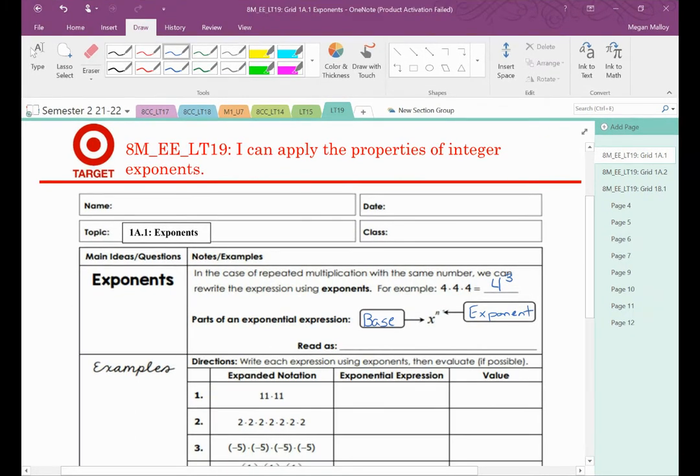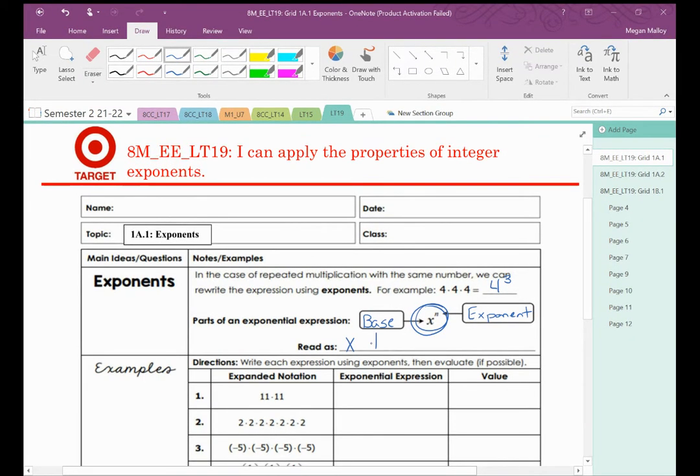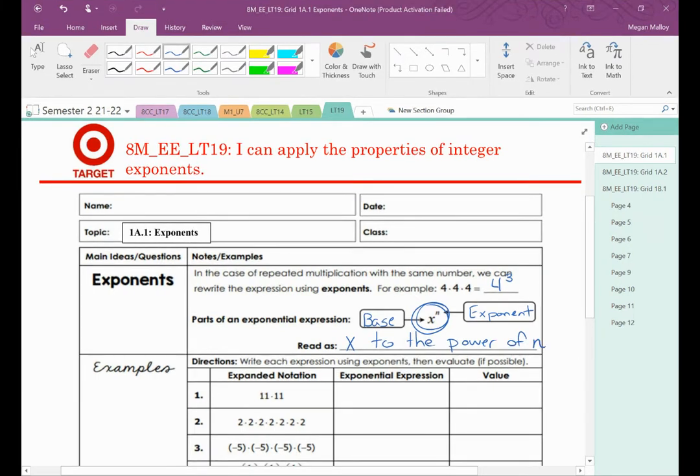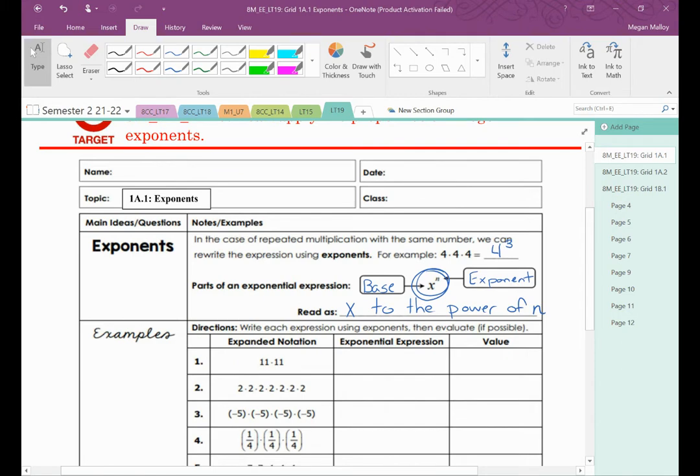And we would read this value right here as x to the power of n, or to the nth power.